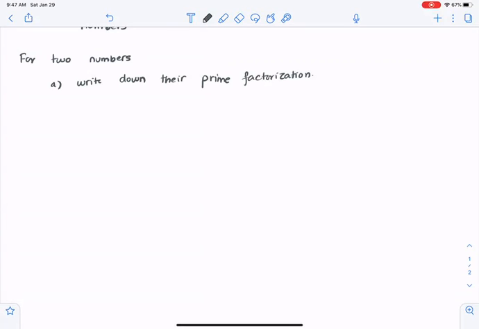Once you have the prime factorization, you have to write it in terms of the exponents. Then you pick the factors with the least powers between the two.